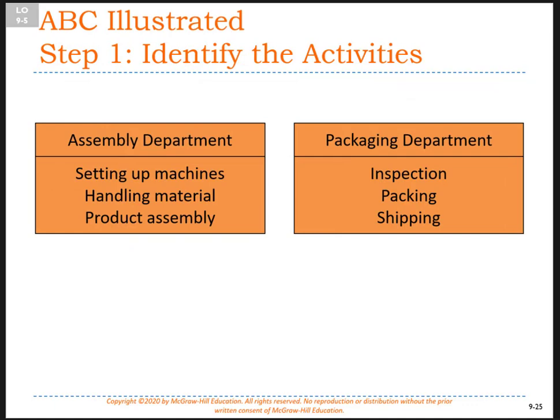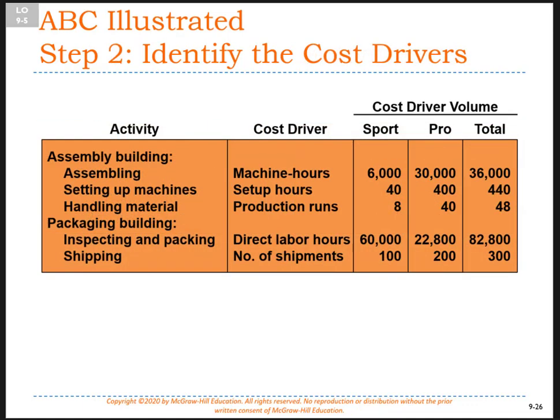So the assembly department has 3 activities within it. So now we're getting really smaller piles of overhead, and the packaging has 3. So each of those activities, we now have to separate our overhead into 6 pieces, if you will. All right, so we actually ended up with just 5.